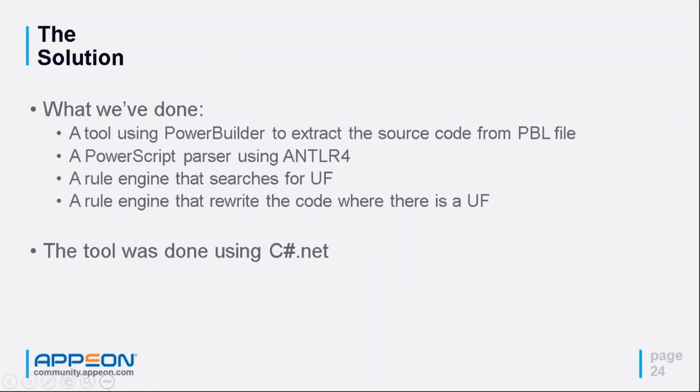When we find an unsupported feature, we transform it into something else and rewrite the code in a manner that Appeon Web can process and use. This tool was done with C#.NET, including the pass through the code and the transformations.